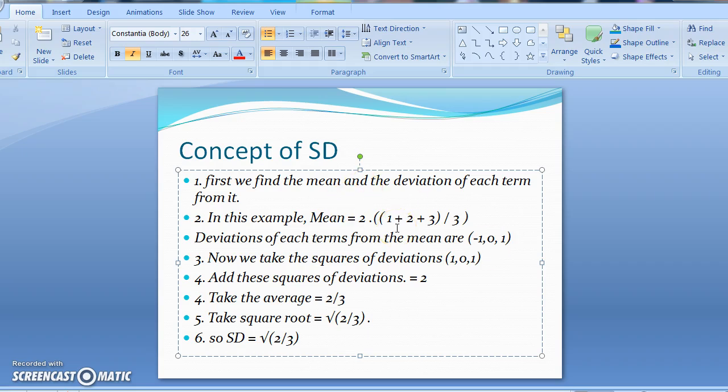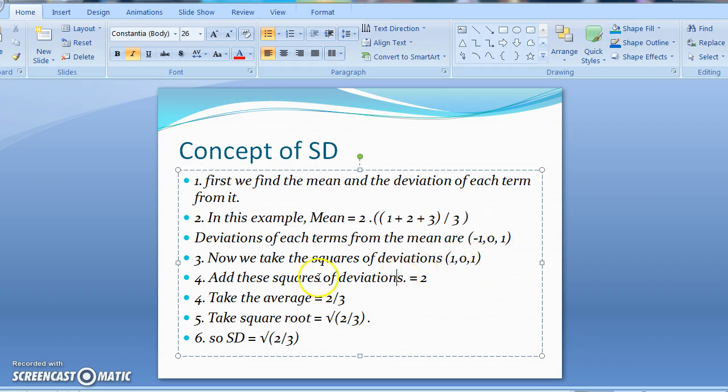Great. Now, in statistics, these deviations are then converted to standard deviations. These are the steps. The first step after finding the deviation is we look at the squares of the deviation. So just square them. So we get 1, 0, 1, right?